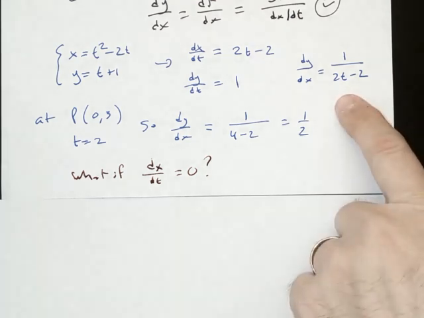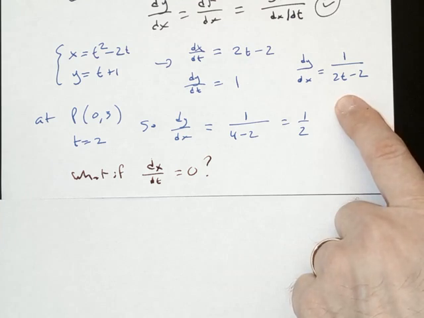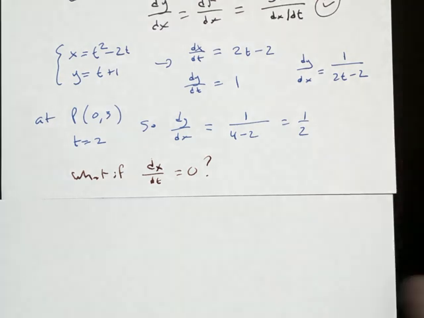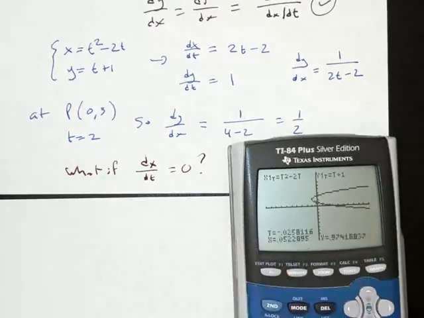Where is dx dt 0? At t equals 1. And that's where our tangent line is vertical. That spot is the vertex of this parabola.